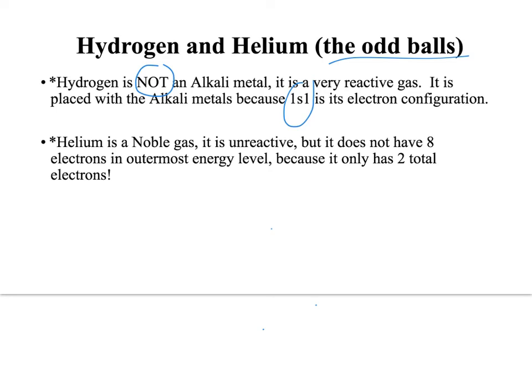And of course, helium is a noble gas. It is also in group 18, but we also know that it does not have 8 electrons in its energy level. It only has 2, but we put it over there with the noble gases because it behaves as a noble gas in that it's very stable and does not participate in reactions.